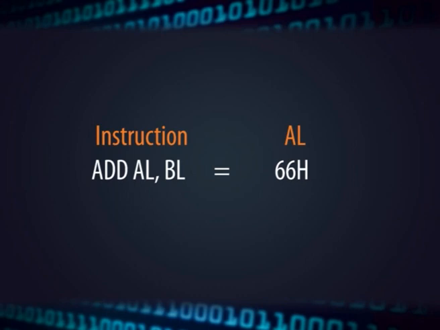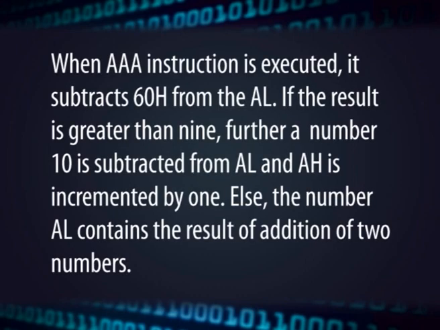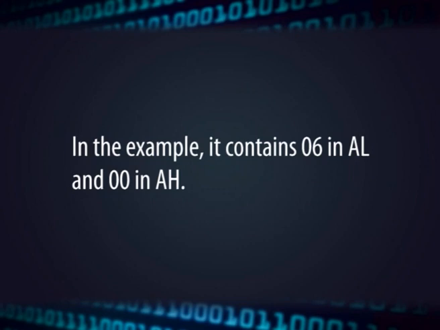The result 66H is stored in AL. When the AAA instruction is executed, it subtracts 60 hexadecimal from AL. If the result is greater than 9, a number 10 is further subtracted from AL and AH is incremented by 1. Else AL contains the result of the addition of the two numbers. In the example, it contains 06 in AL and 00 in AH.